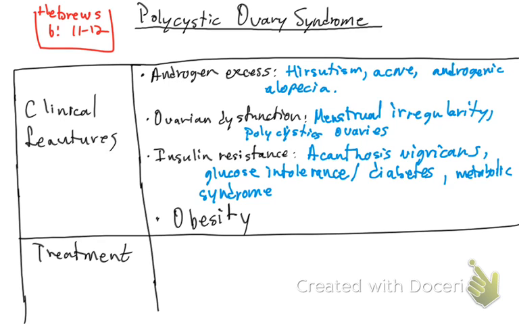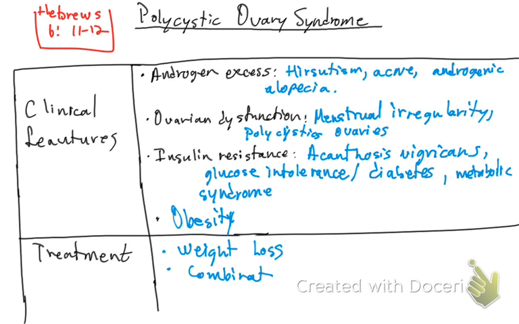And what is the treatment for this kind of patient? The one that I was thinking to mention is weight loss. The other is combination hormonal contraceptives.